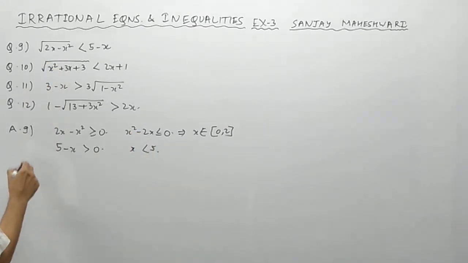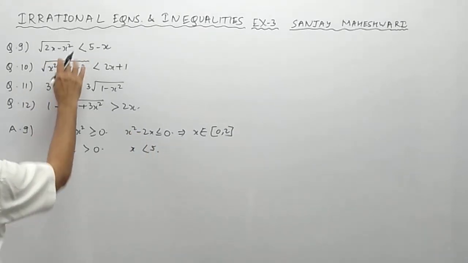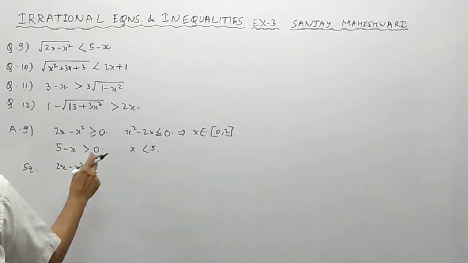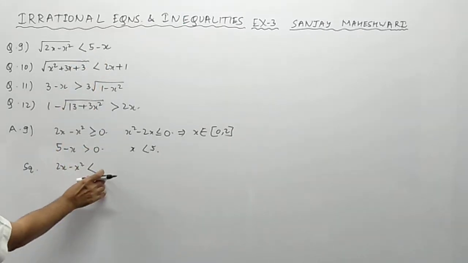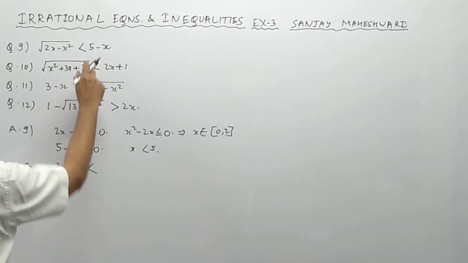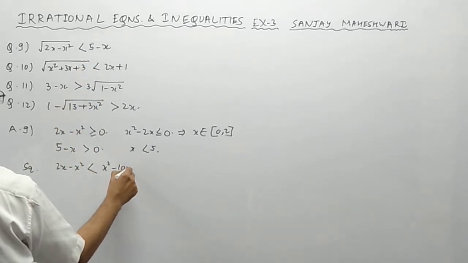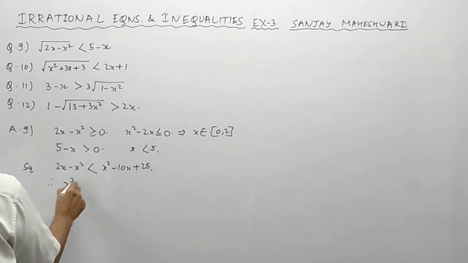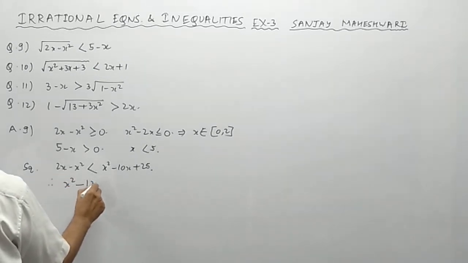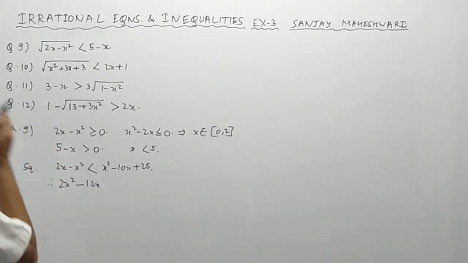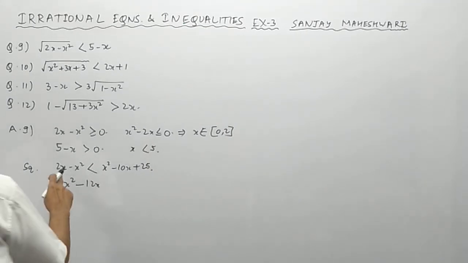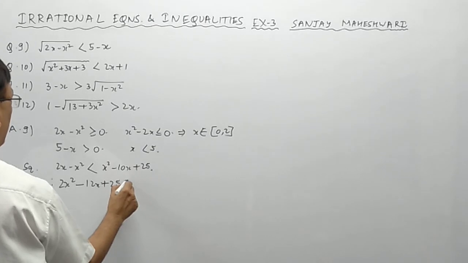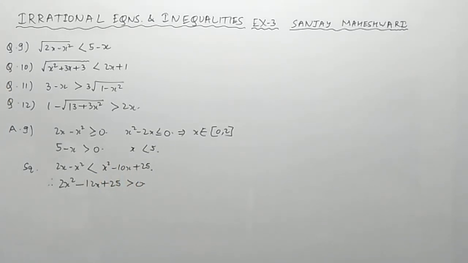Now squaring both sides, both sides are positive, so we can square it. 2x minus x square is less than, the sign will remain intact because both sides are positive, x square minus 10x plus 25. Therefore, 2x square minus 12x plus 25 is greater than 0.